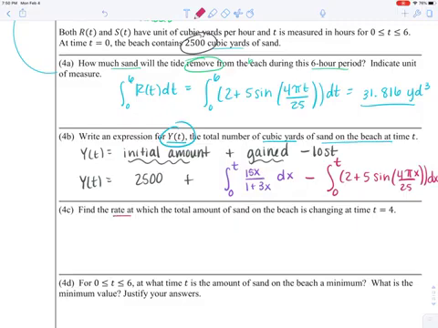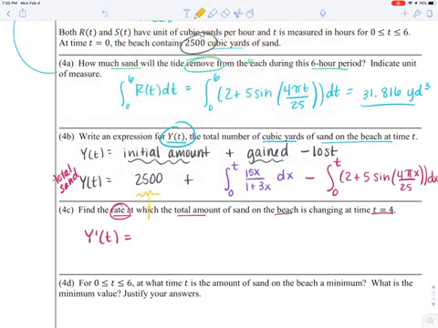It then says find the rate at which the total amount of sand on the beach is changing at time 4. Well, I want a rate. If this right here is our total sand, then a rate of total sand should be the derivative. So we're going to take a derivative piece by piece.